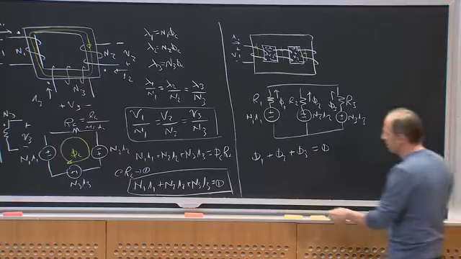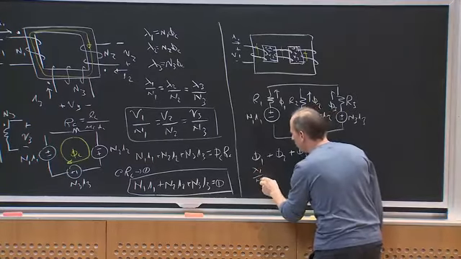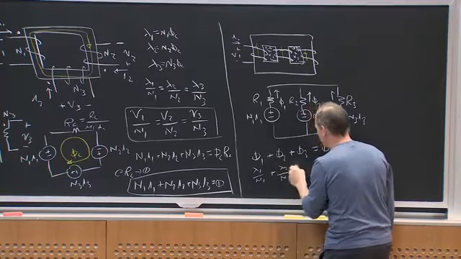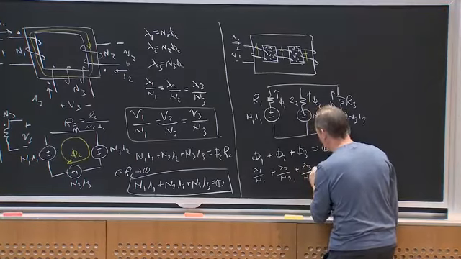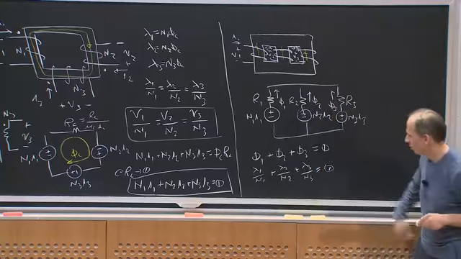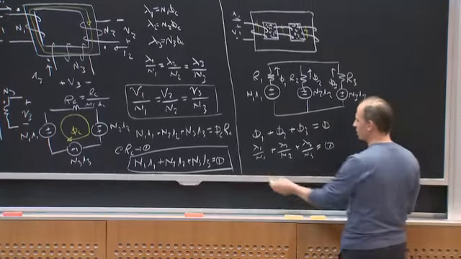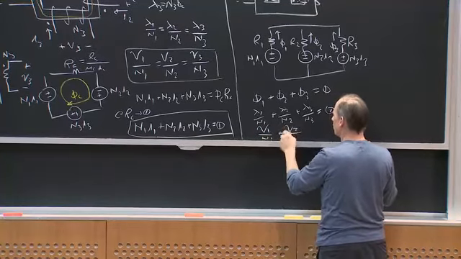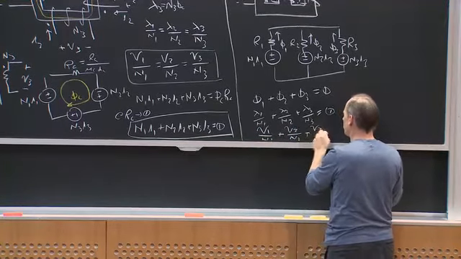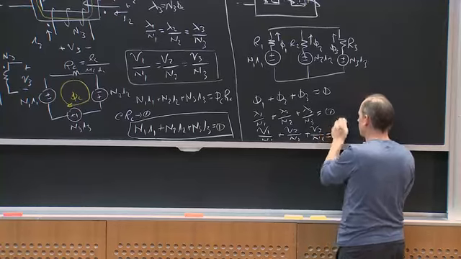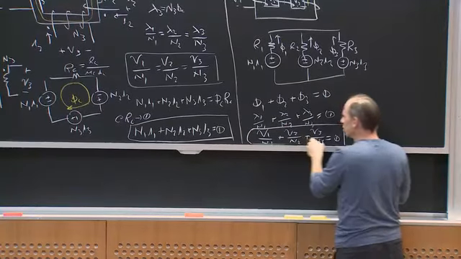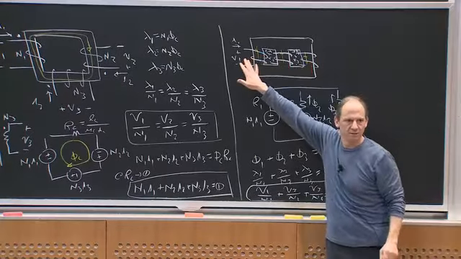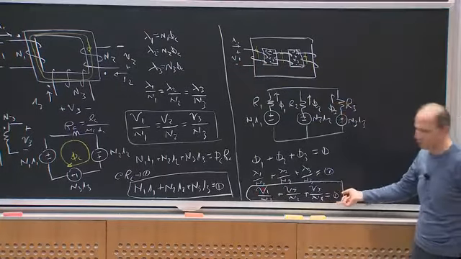That means lambda 1 over N1 plus lambda 2 over N2 plus lambda 3 over N3 has to equal 0. If I differentiate this equation, I get V1 over N1 plus V2 over N2 plus V3 over N3 equals 0. So I no longer get the voltages on the windings scaling. What I get is the sum of the scaled voltages has to be 0.